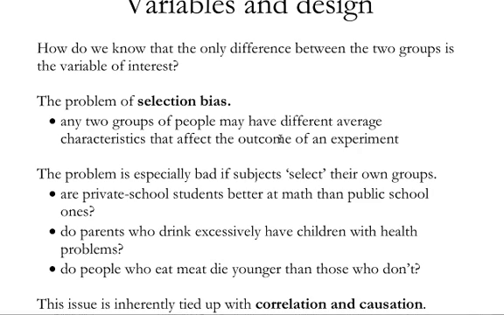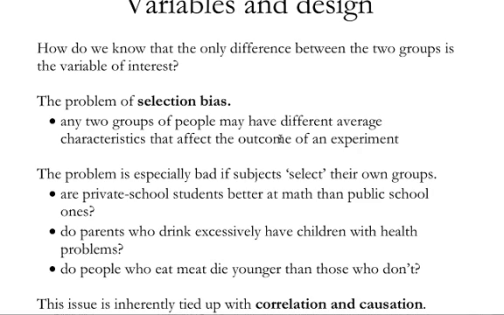Before the experiment ever started, your group of private school students was probably very different from your group of public school students. And so you don't know whether differences in math skills are due to the private versus public school distinction, or whether they're due to the fact that these two groups are really different from each other.